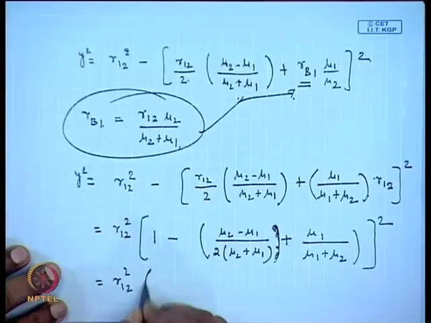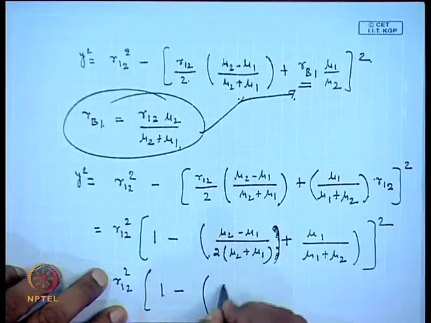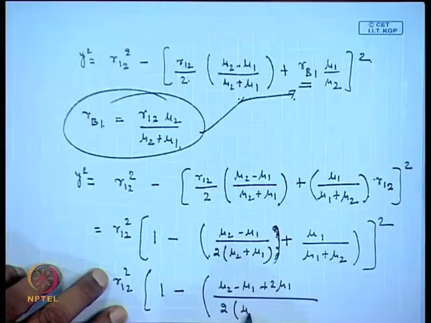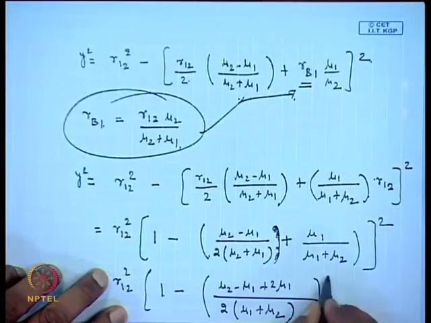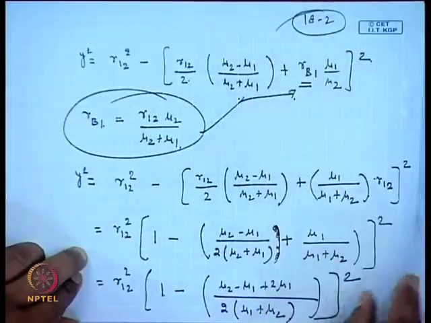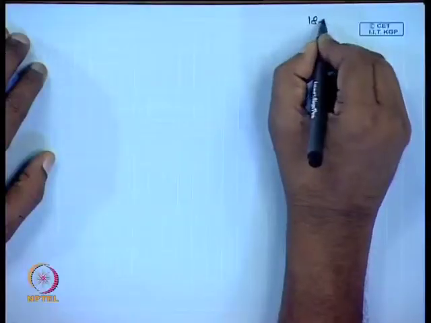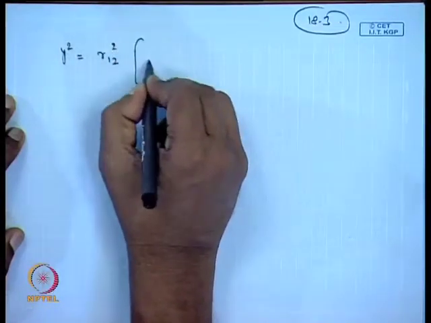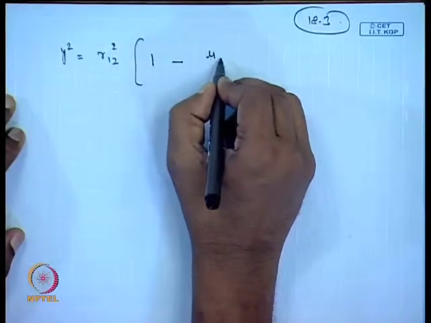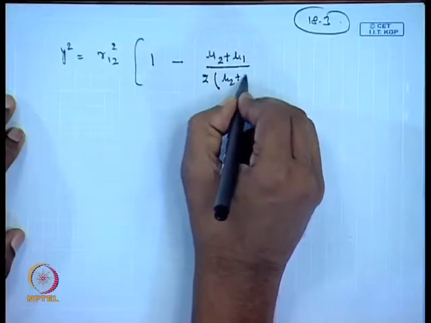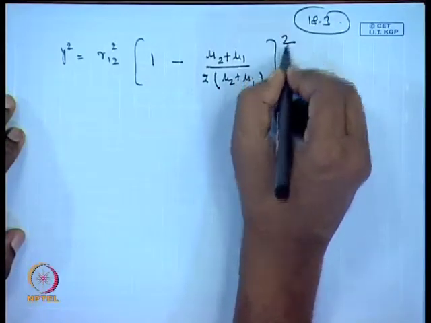This can be further simplified. Therefore, y square you can write as r 1 2 whole square times 1 minus mu 2 plus mu 1 divided by 2 times mu 2 plus mu 1, whole square.